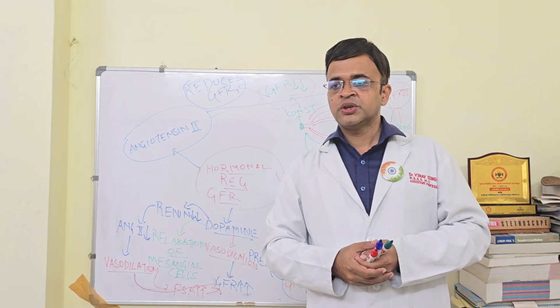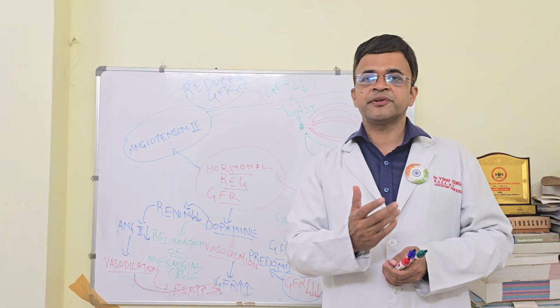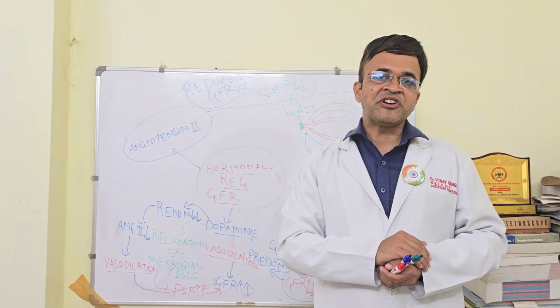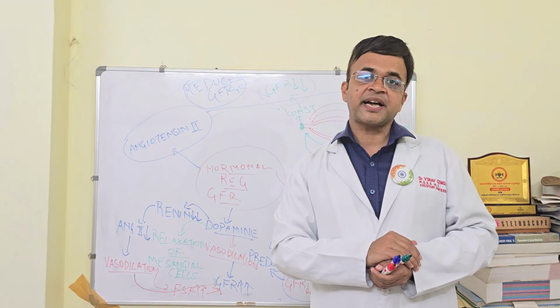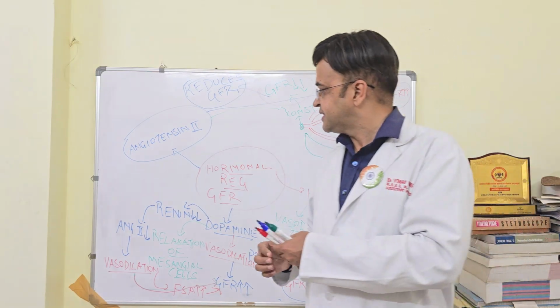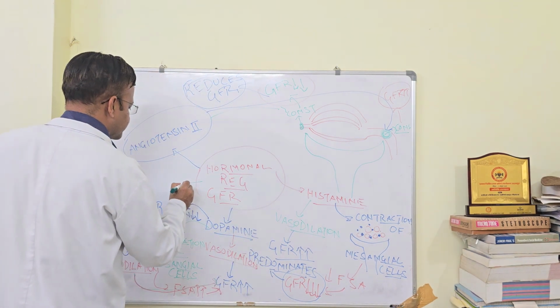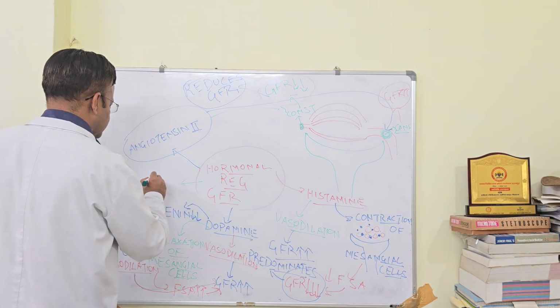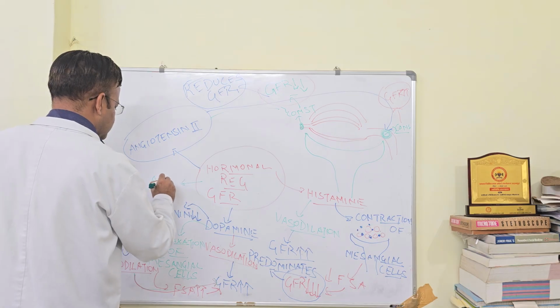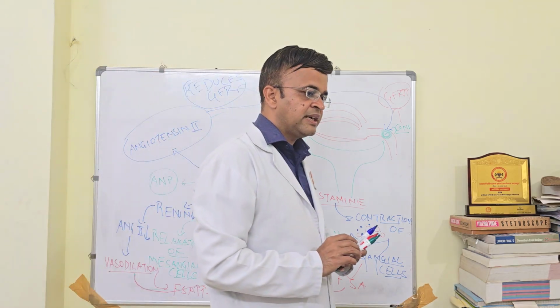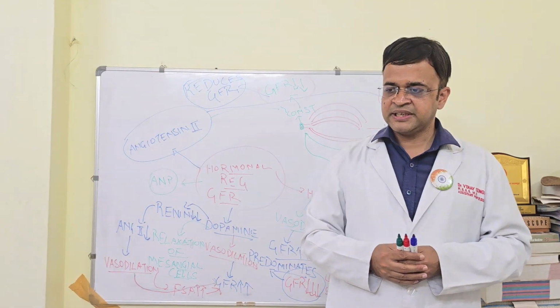Apart from that, which other hormone is important? One other important hormone is your atrial natriuretic peptide, ANP, right? ANP. Right? Now what ANP does, right?